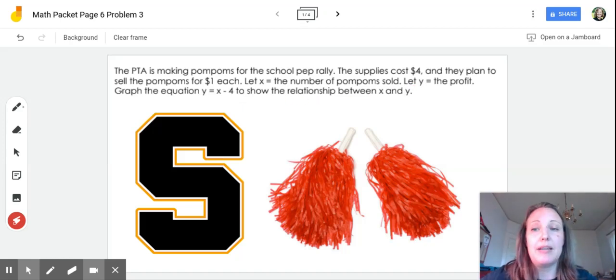Then it says graph the equation y equals x minus 4 to show the relationship between x and y. Once we get to this point, it starts to sound like something you want to turn off. Your brain's like, I'm done, right? So I'm going to show you how easy this is to think about.